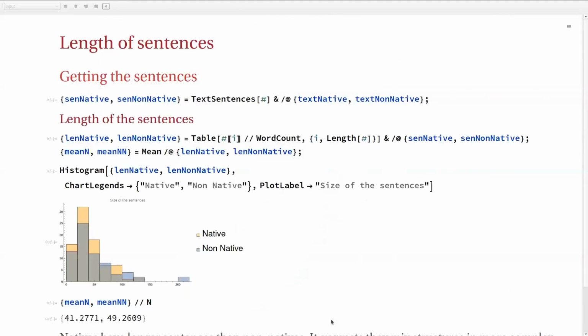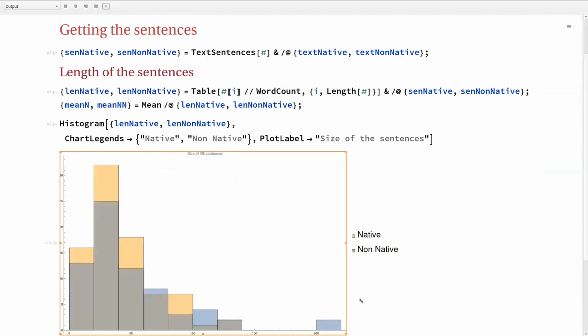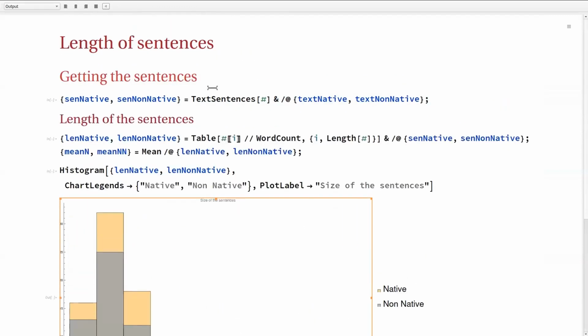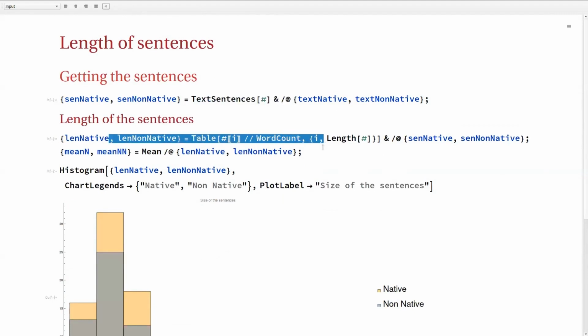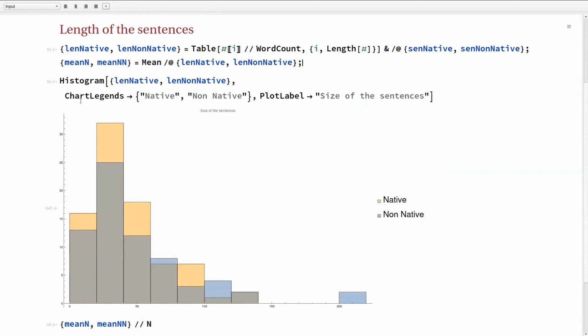What's the length of the sentence? So we divided our data and got the length of the sentence with this instruction, and then we did a histogram, where natives are in yellow and non-natives are in blue.